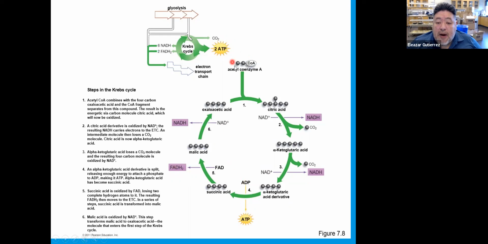So per pyruvate, which makes 1 acetyl-CoA, we end up harvesting 1, 2, 3 NADHs, 1 FADH, and 1 ATP. Per glucose molecule, what do? That's right, we multiply by 2. So per sugar molecule, we end up with 6 NADHs, 2 FADHs, and 2 ATPs. That's what you need to know.